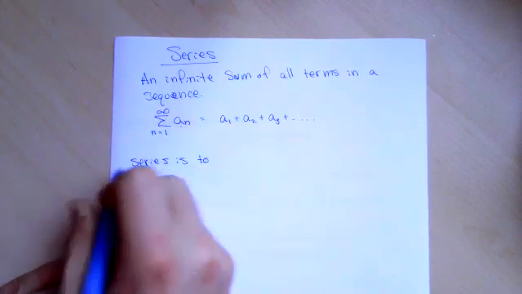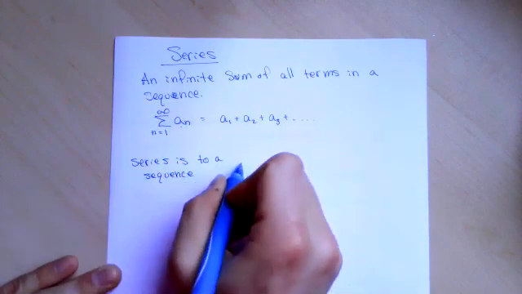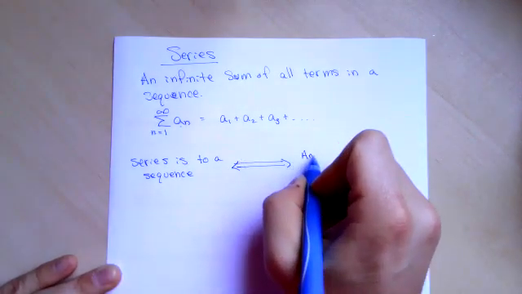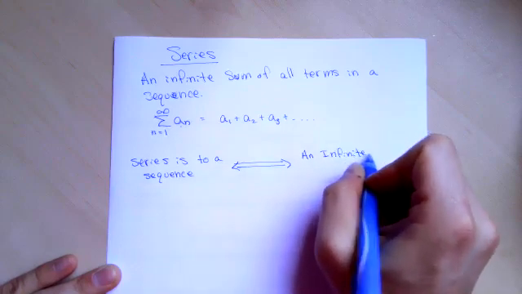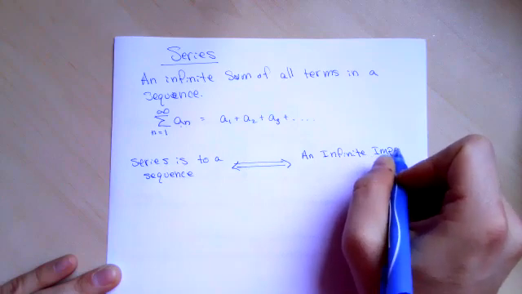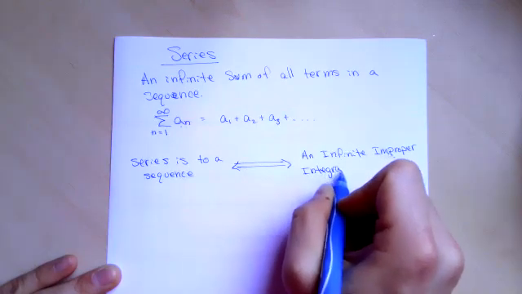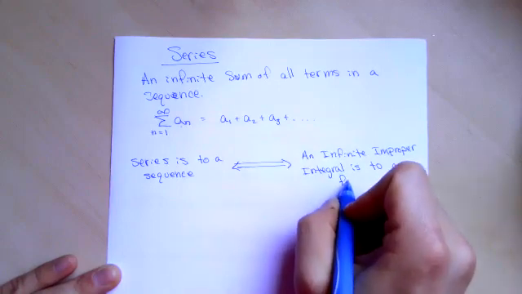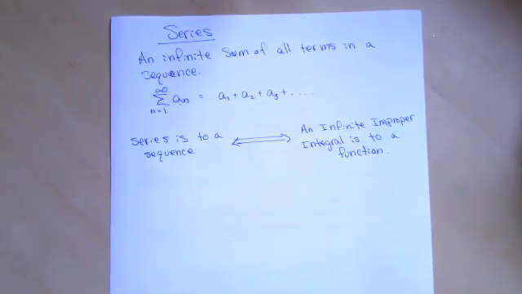In general, though, the way you want to think about this is that a series is to a sequence as an infinite improper integral is to a function. In our previous lectures, we saw how sequences we really want to think of as functions.